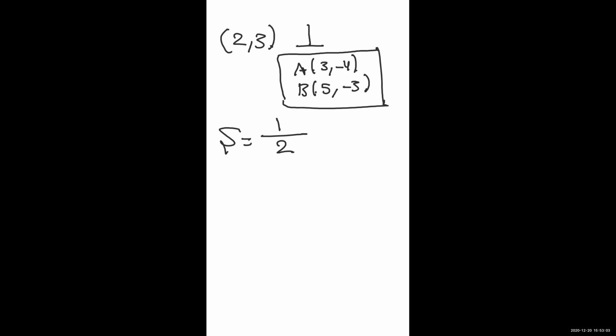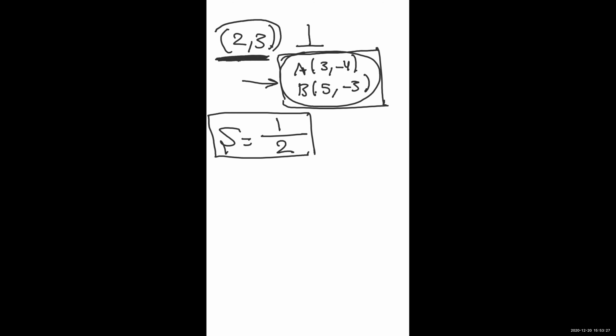Okay, guys, now the slope for the other line, which is perpendicular to this one. Again, the question: find the equation of the straight line which passes through this point and is perpendicular to the straight line which passes through these points. I got the slope for the first one, and now I can get the slope for this one.